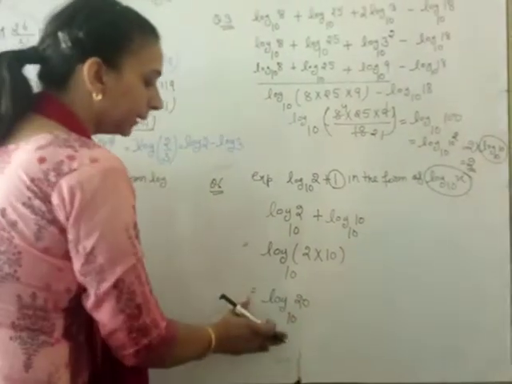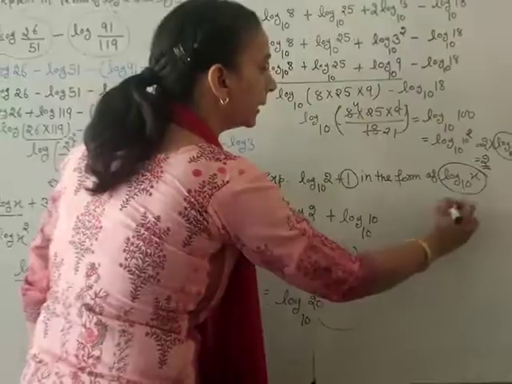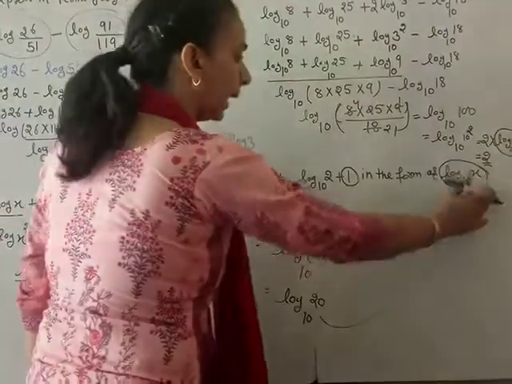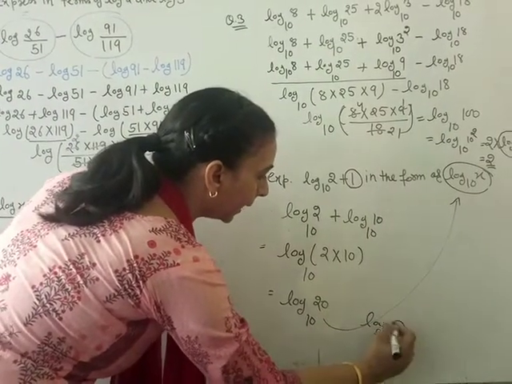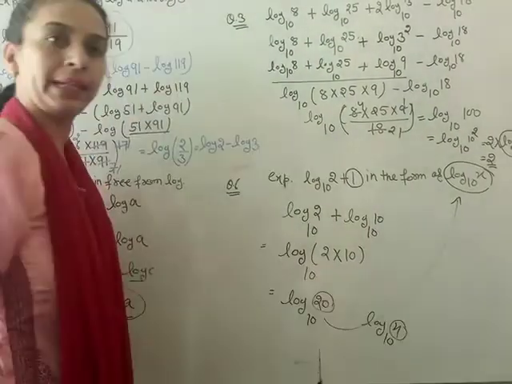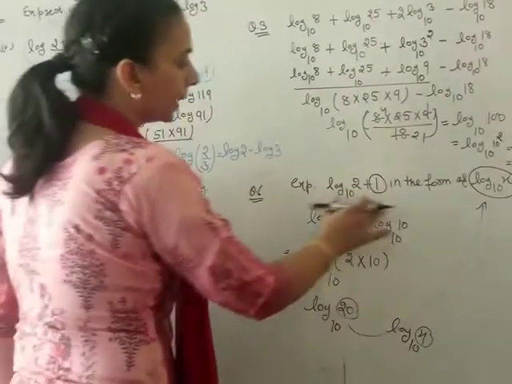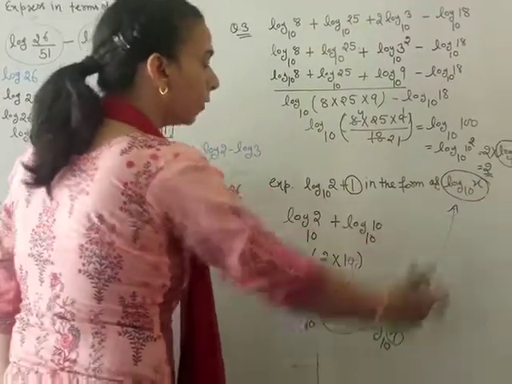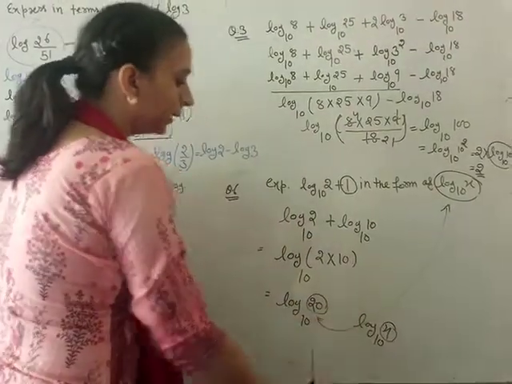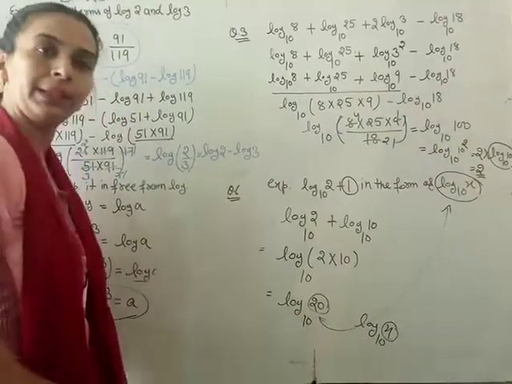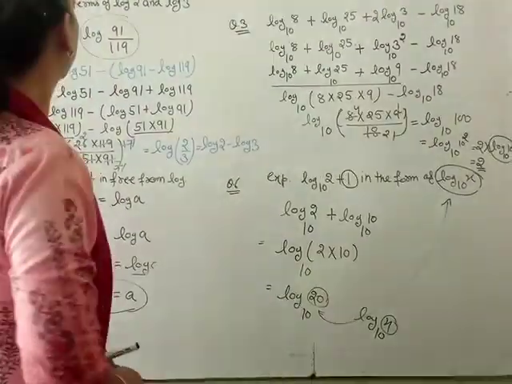So in the form log x at the base 10, in place of x we have 20. Our answer is 20.